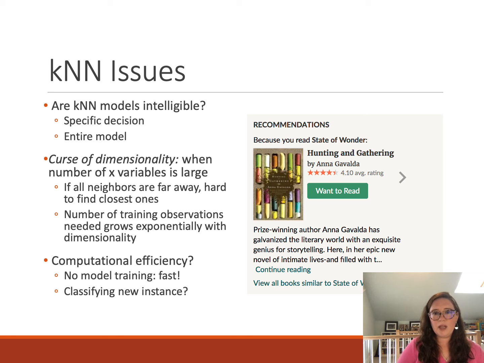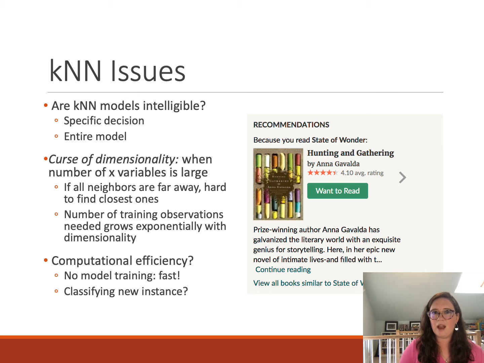And so just a few remaining issues with kNN. The first one is, are kNN models intelligible or are they interpretable? For specific decisions, kNNs can be interpretable. Let's say for recommender systems, for example, this is a recommendation that was provided on my Goodreads account.